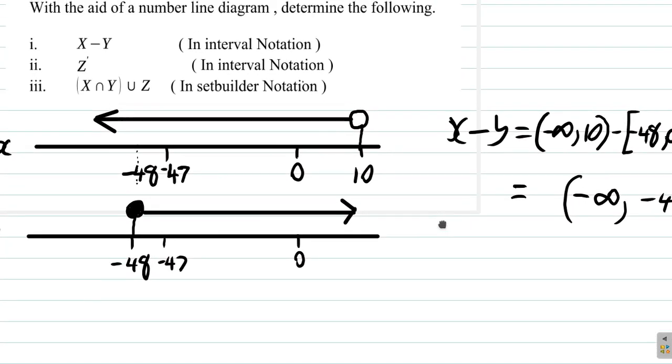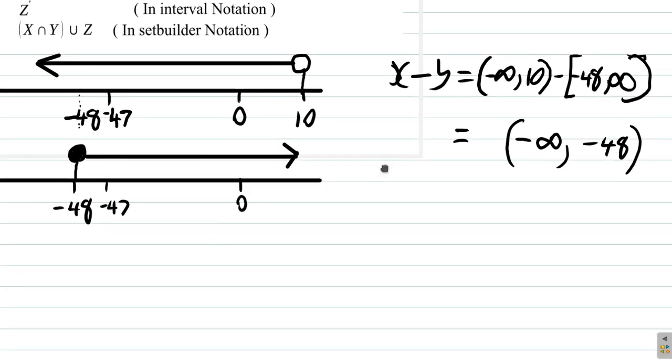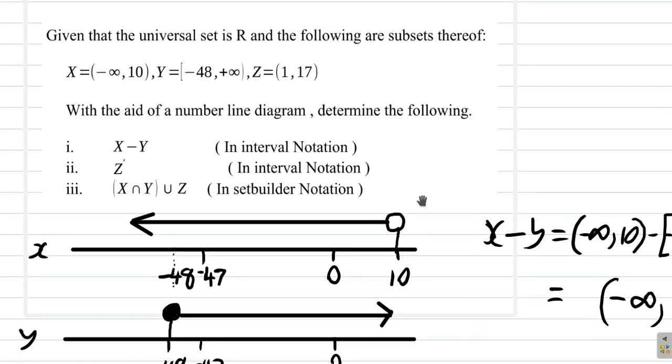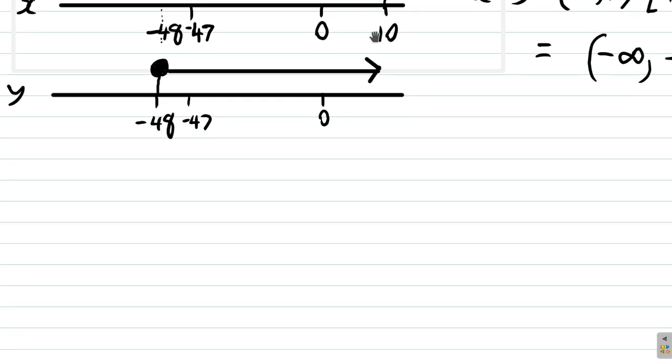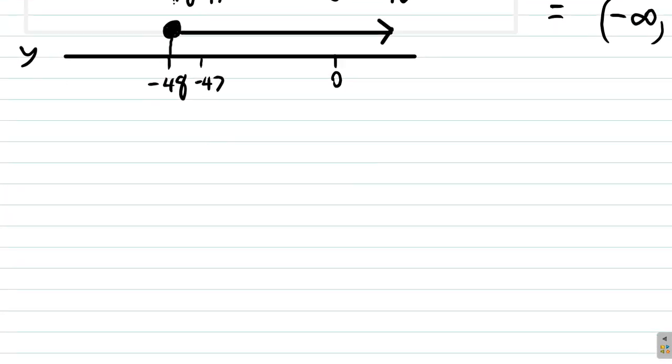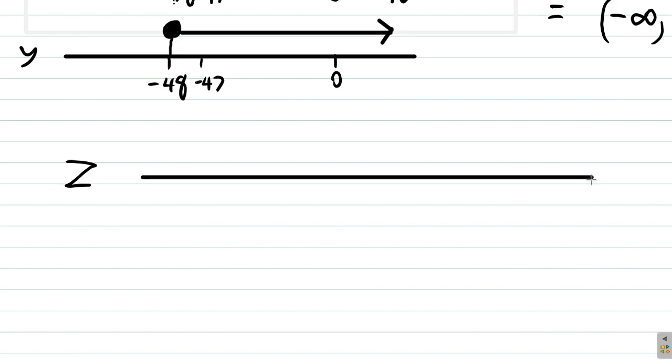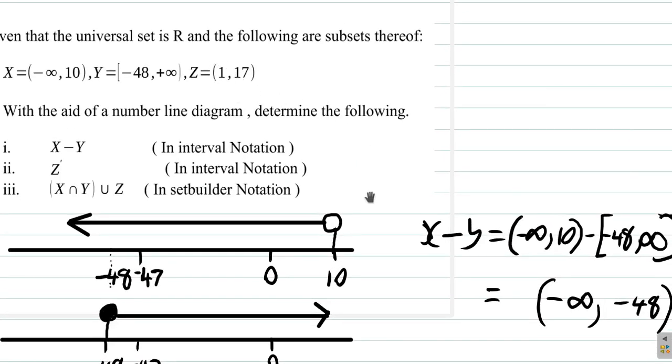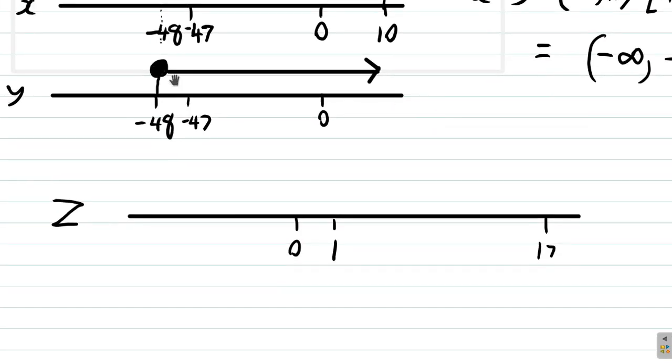After that, you have z complement in interval notation. So what is z complement? Z is 1 to 17. So we have z as a number line. Let's say we have 0 here, have 1 here, going up to 17. So z is 1 to 17, none of them included because you have round brackets beside them.